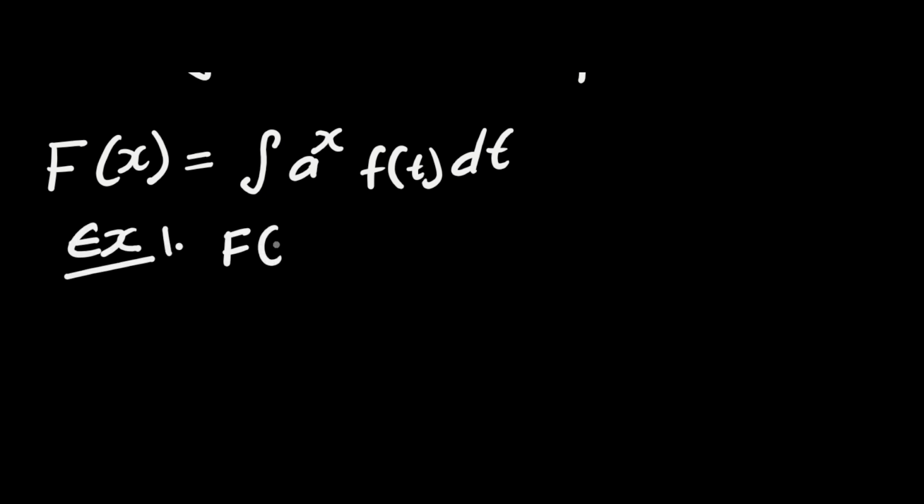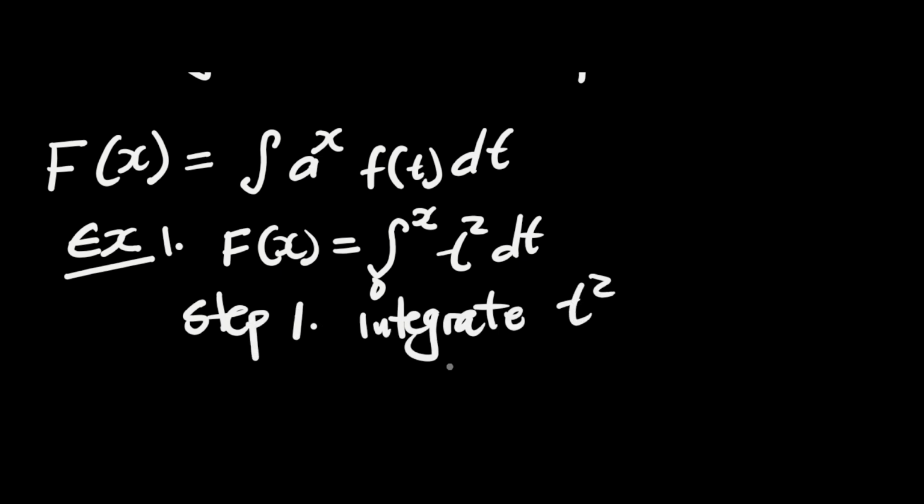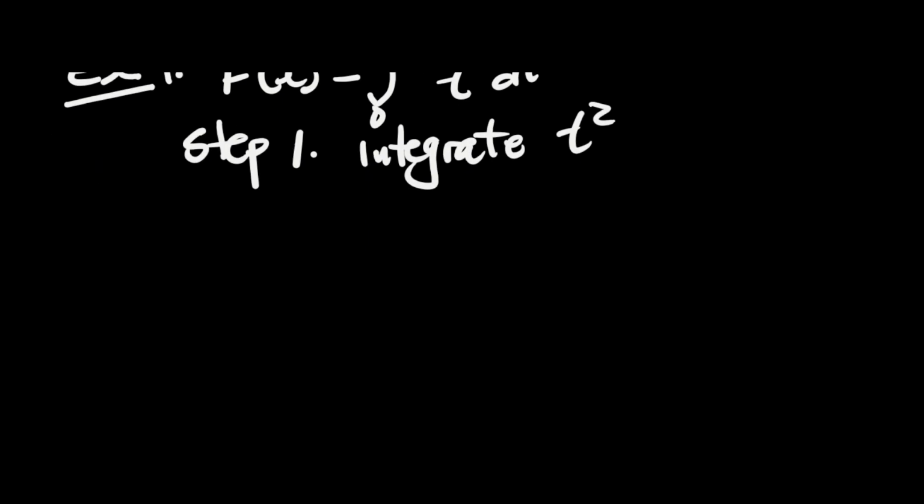Example 1. F of x is equal to the integral from 0 to x of t squared dt. The first step, we have to integrate. Step 1, t squared. When we integrate t squared, our result will be t cubed upon 3.